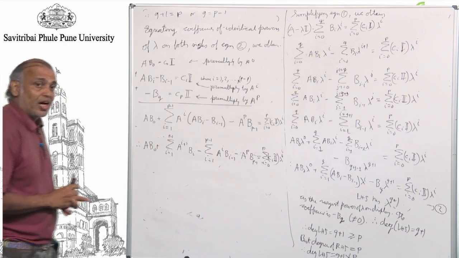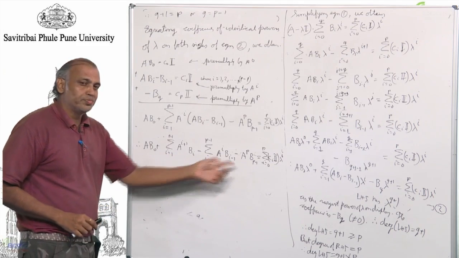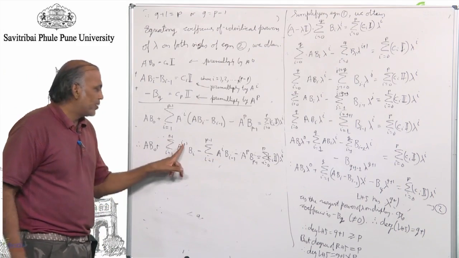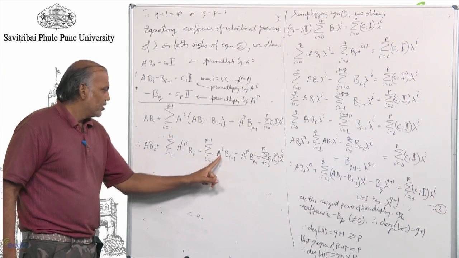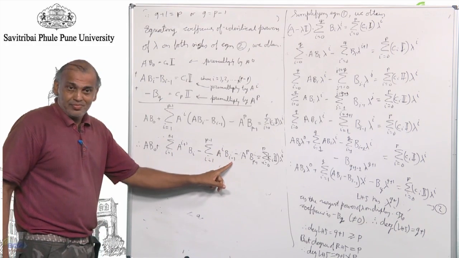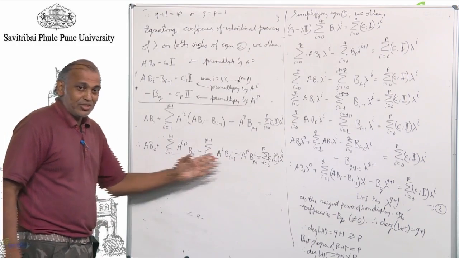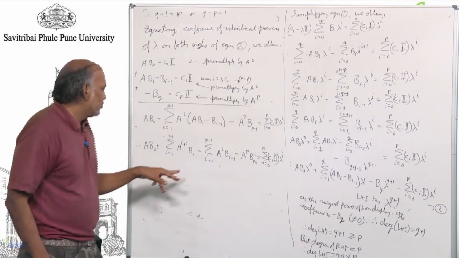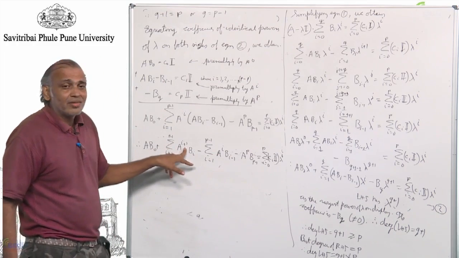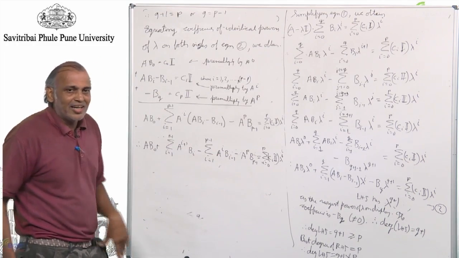Again, I wish to compare these two. Note that there is a power of A here and one lesser than this power. So potentially I could compare these two with the same index, suitably manipulated. So let me do the following. I have this A to the power i plus 1. Let me call this i plus 1 as j, as I did previously.